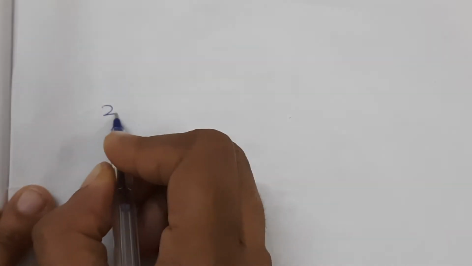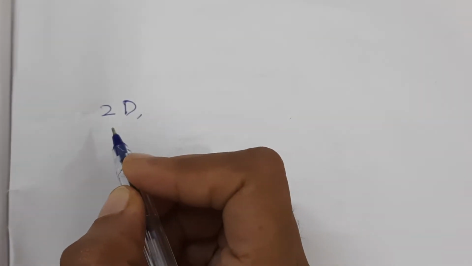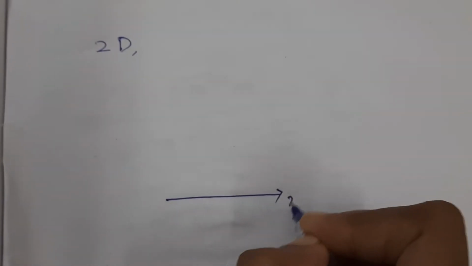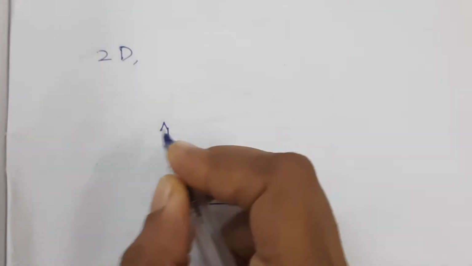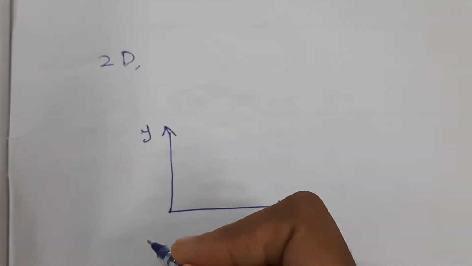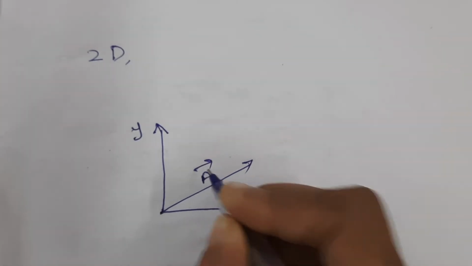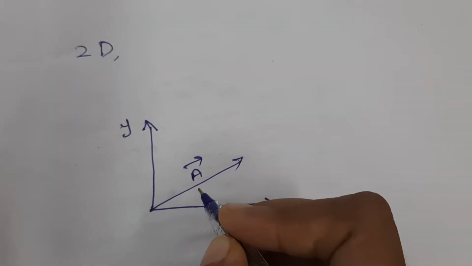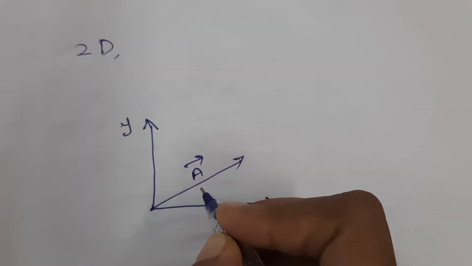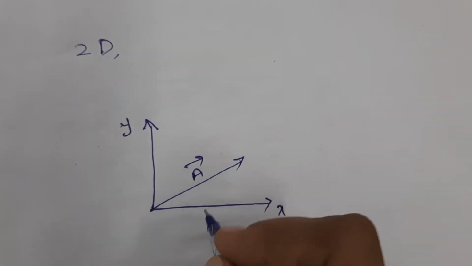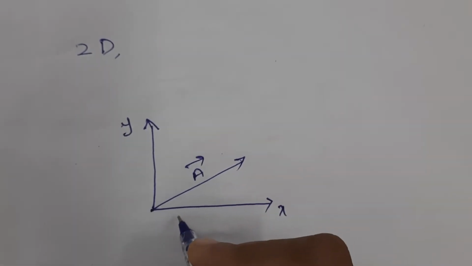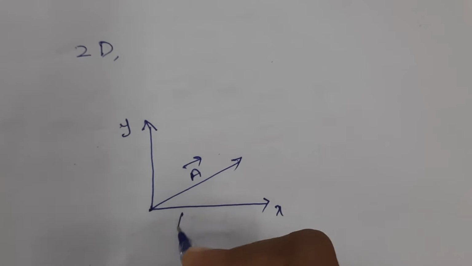Consider the two-dimensional system. This is the x-axis and this is the y-axis. So this is a vector A. This vector's components we can write in terms of Ax and Ay.